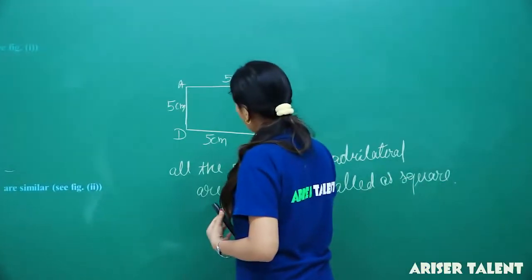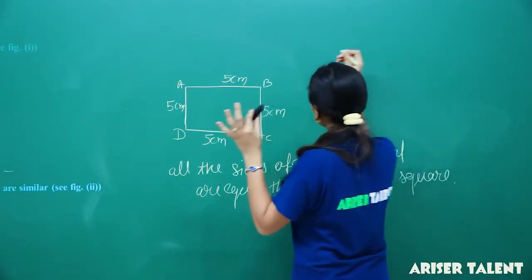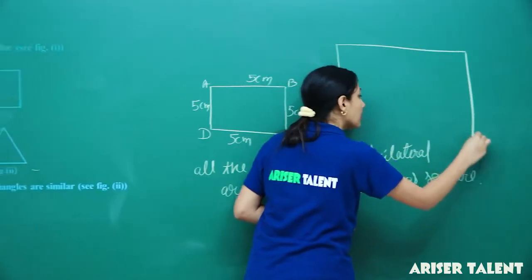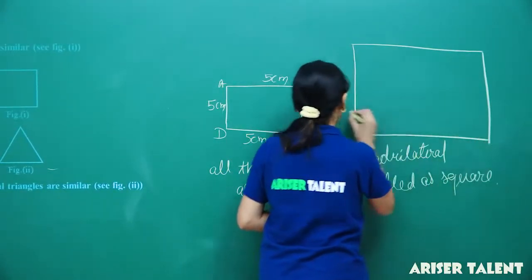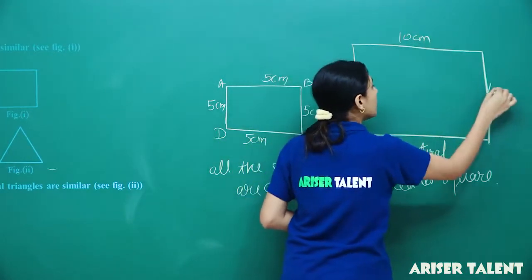Okay, so if I am going to draw a square of 10 centimeter, that will be something like this.